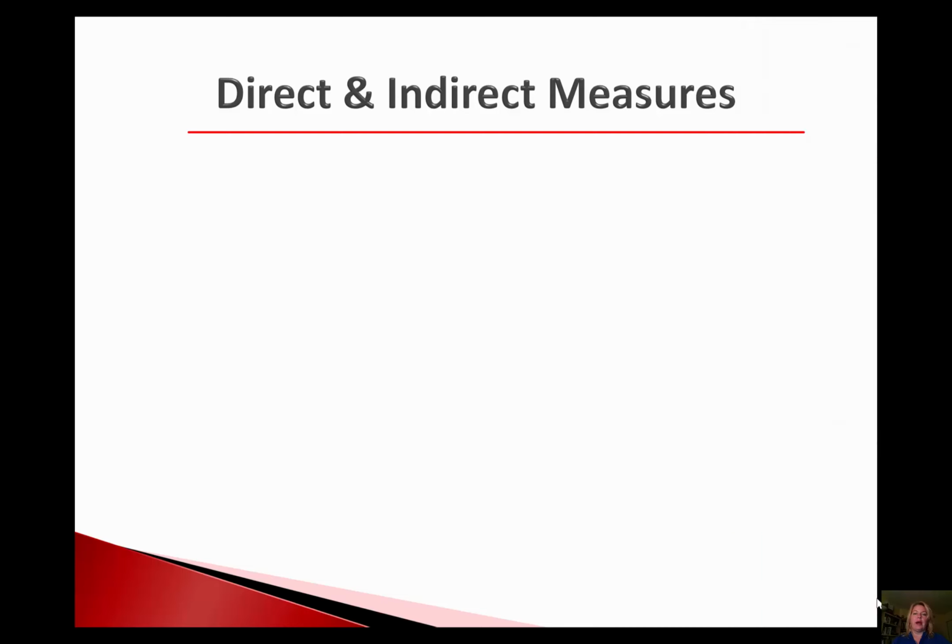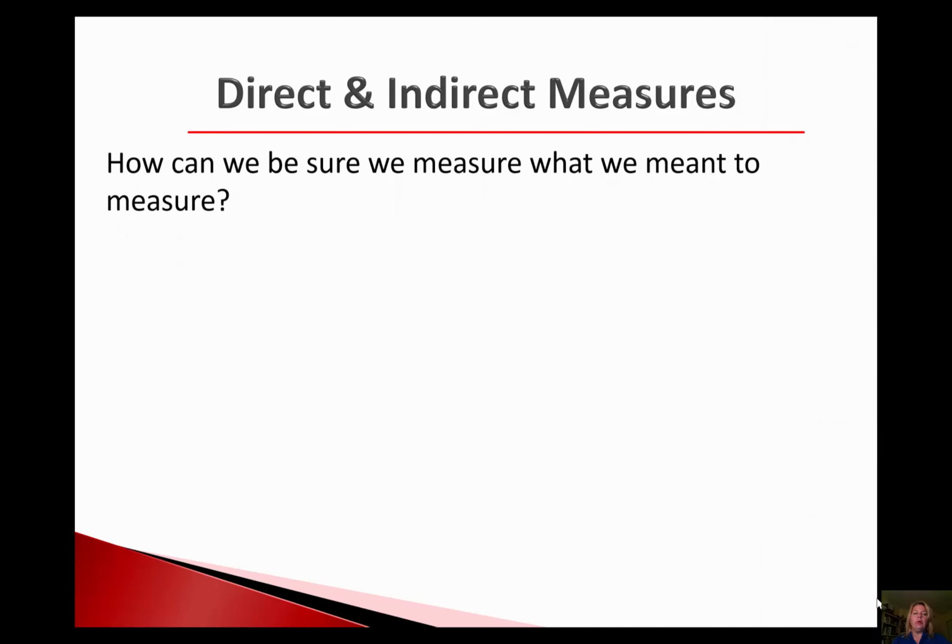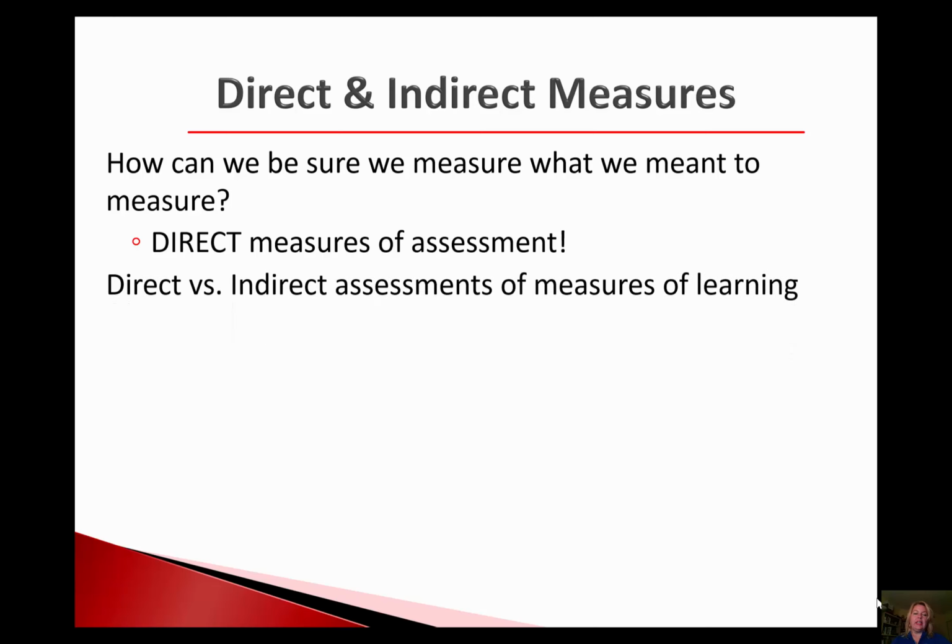Now let's talk about direct and indirect measures. How can we be sure we measure what we meant to measure? Direct measures of assessment will ensure that. Direct versus indirect assessments of measures of learning. Direct measures directly assess learning. I know it sounds really obvious, but the truth is they are a direct assessment of the learning.